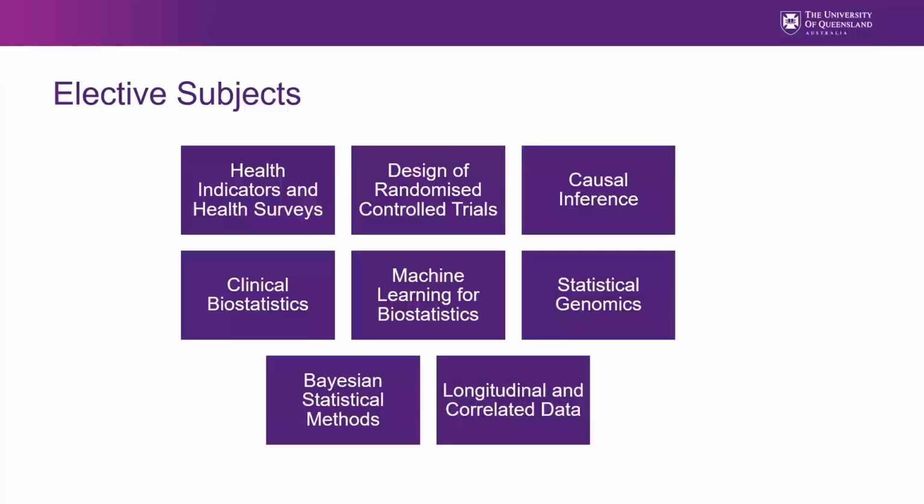There's also a good module on longitudinal and correlated data as well. That's when we've got repeated measures data. So you have plenty of choice within the master's program to choose the elective subjects that you'd like to specialize in. That's a really nice feature of the course.